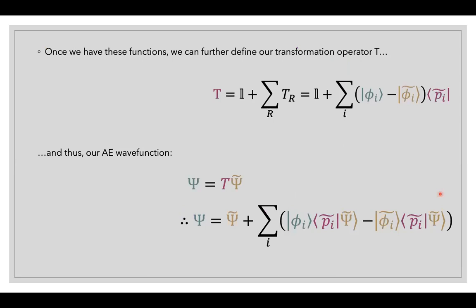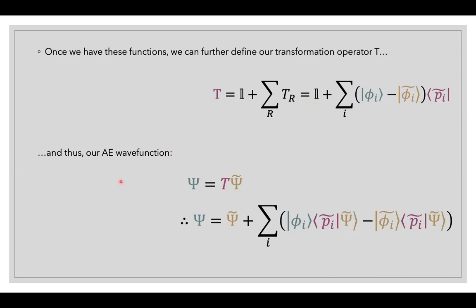Once you have those functions, then we can definitively define our transformation operator T. So once again, we find that it's an identity operator plus the sum of our atomic orbital contributions, which now become the difference between the projection, so the all electron wave functions inside our augmentation region, and the pseudized basis functions inside our augmentation region.